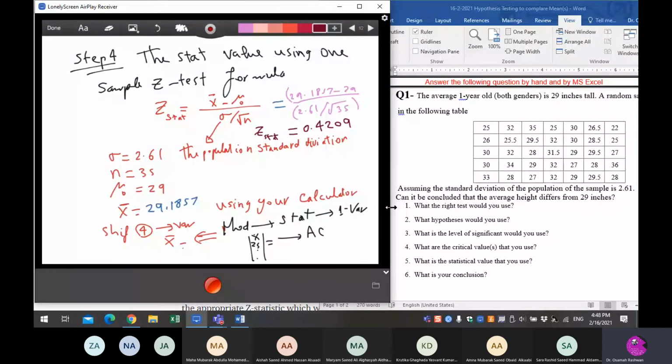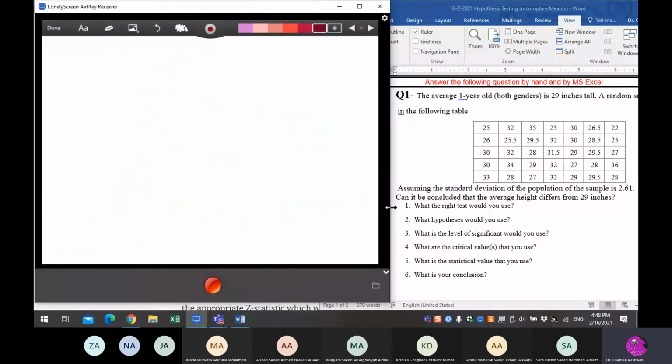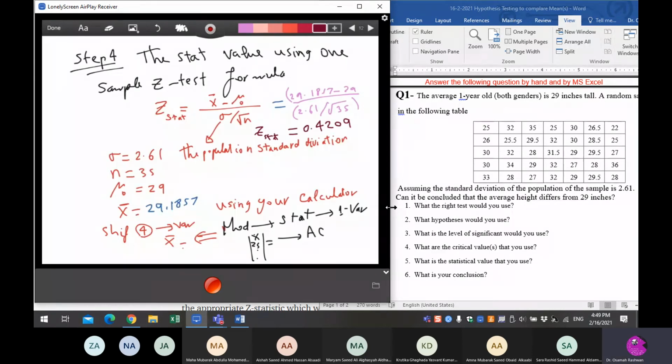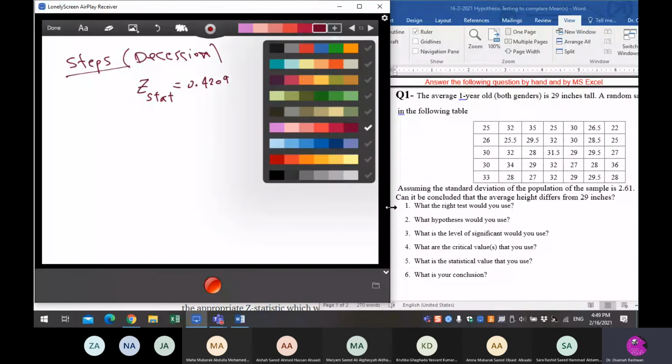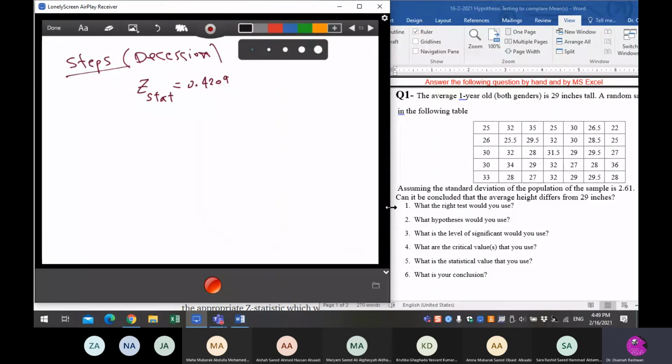Now we have to take the decision in step 5. So we are going to compare what? We compare the Z stat, which was 0.4209, with what? Yes, with Z critical.